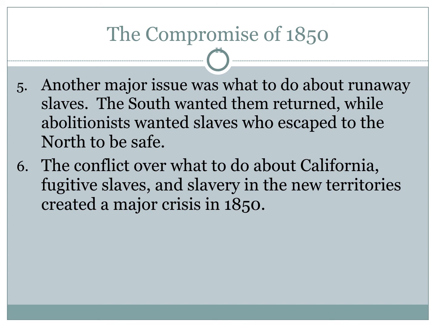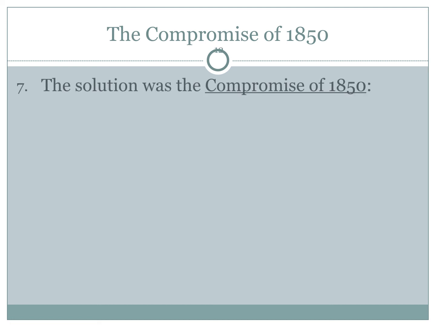These were creating a huge crisis in the United States in 1850. And again, North and South arguing in newspapers, arguing in the Congress. And once again, Congress comes up with a compromise designed to try to solve the issue.